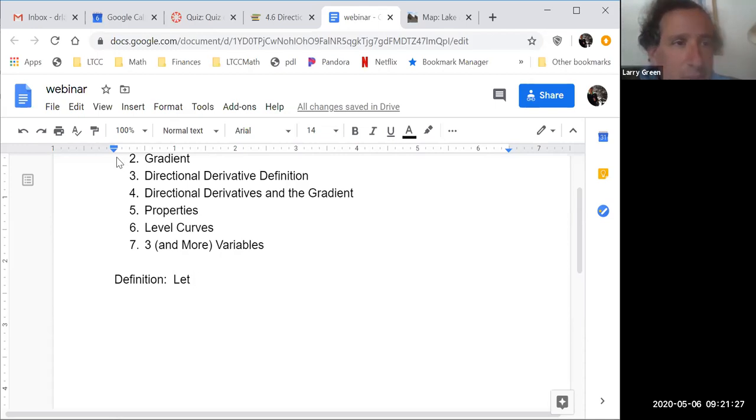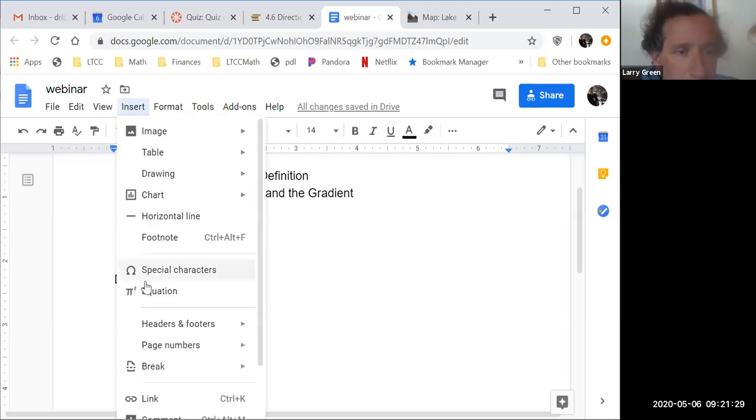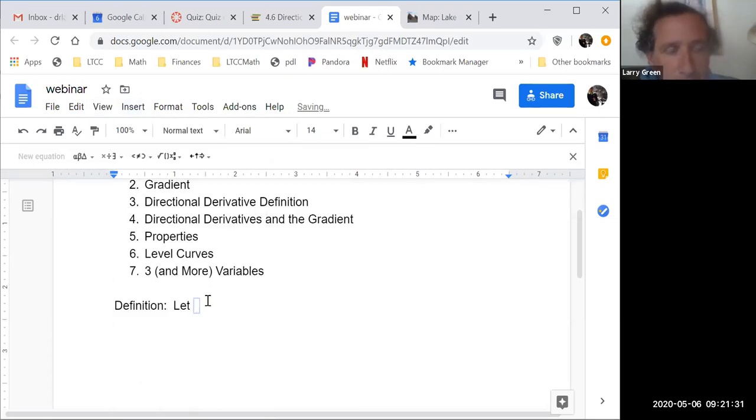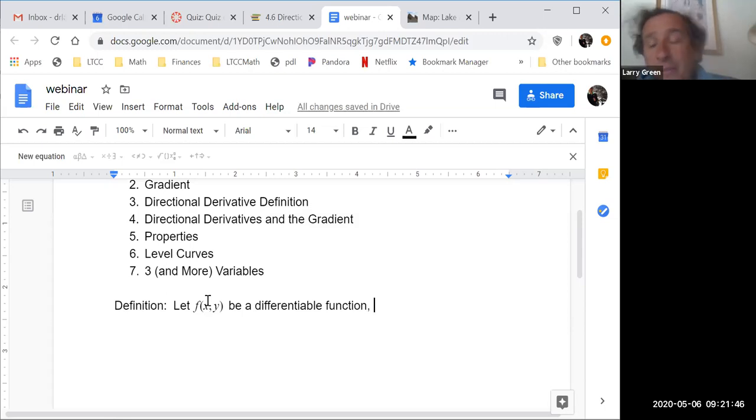Okay, let's make f of x, y be a differentiable function. Okay, and again, from Friday, we talked about what it meant to be differentiable.